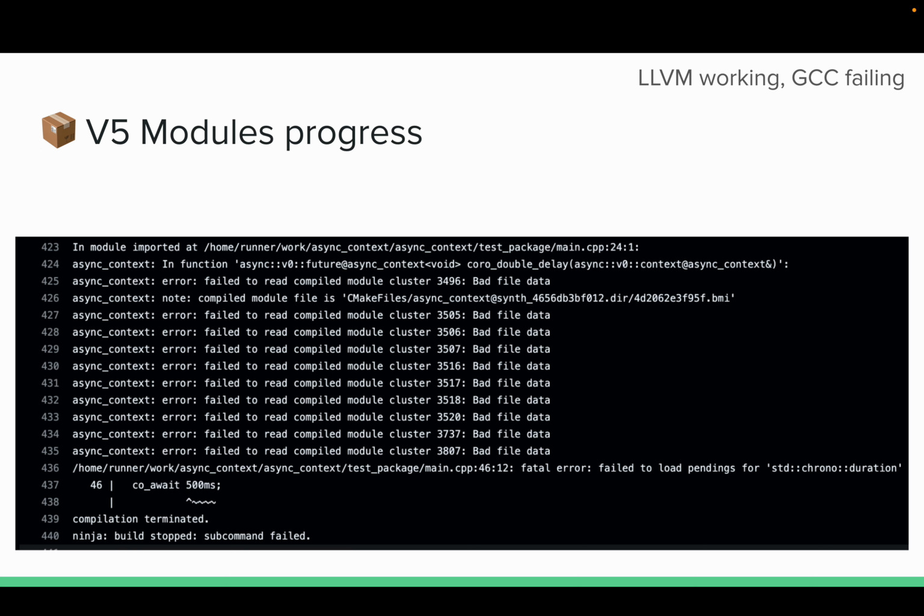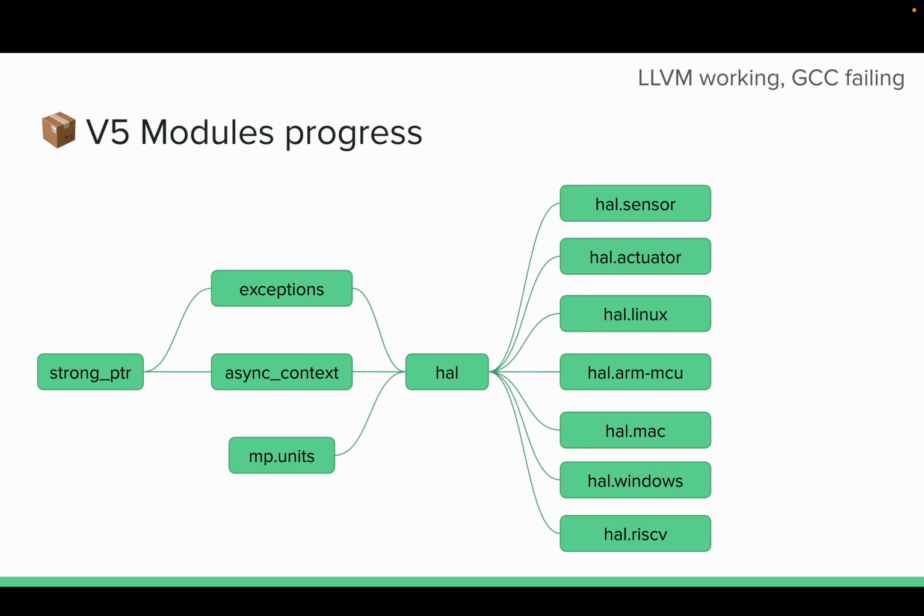But basically, once I had multiple levels of dependency, it seems that GCC just starts messing up, and I get these bad file data, modular cluster errors. Seems to be due to including the chrono library or other things, but yeah, it just seems to be upset. So, showing what some of the dependencies look like.